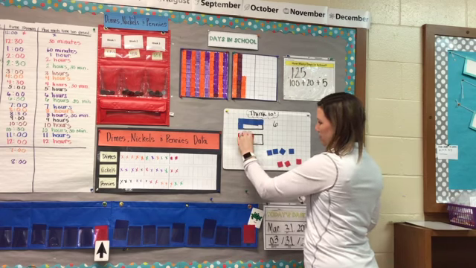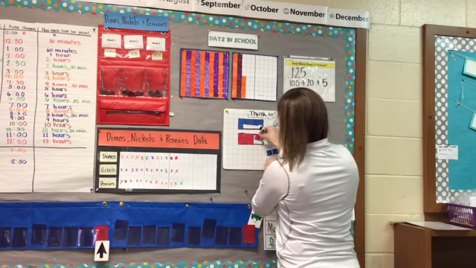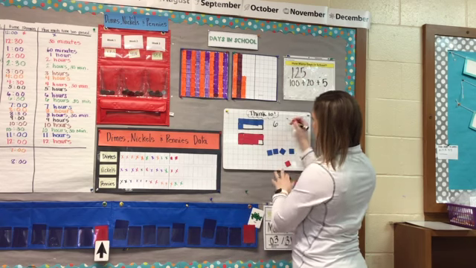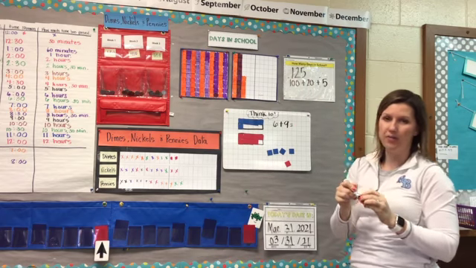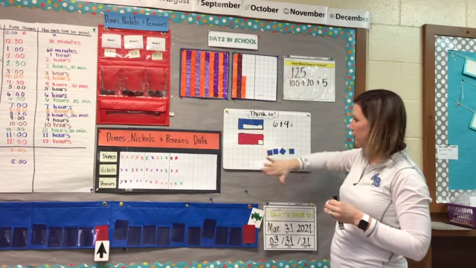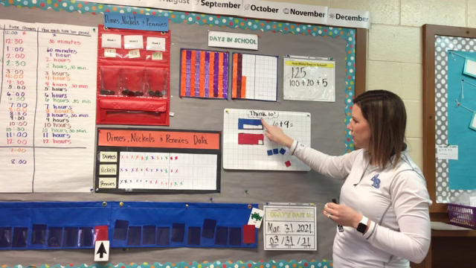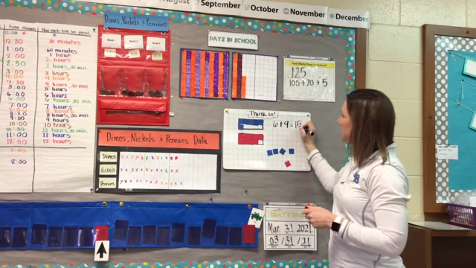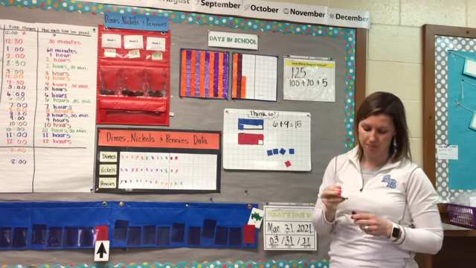So it's kind of like blue plus red. And I have to fill it all in except for 1. So 6 plus 9 equals. Let's figure out what that is. I'm going to take my big number and count on first. 9, 10, 11, 12, 13, 14, 15. 6 plus 9 equals 15.